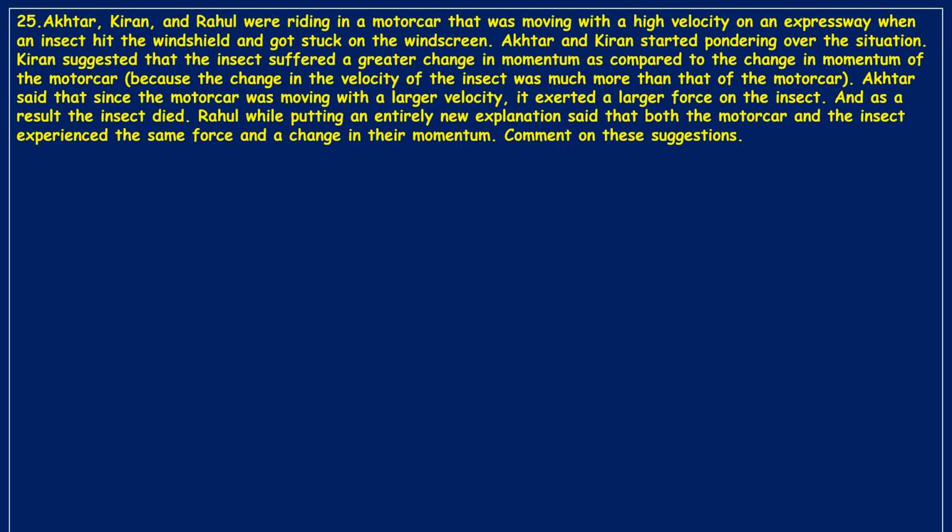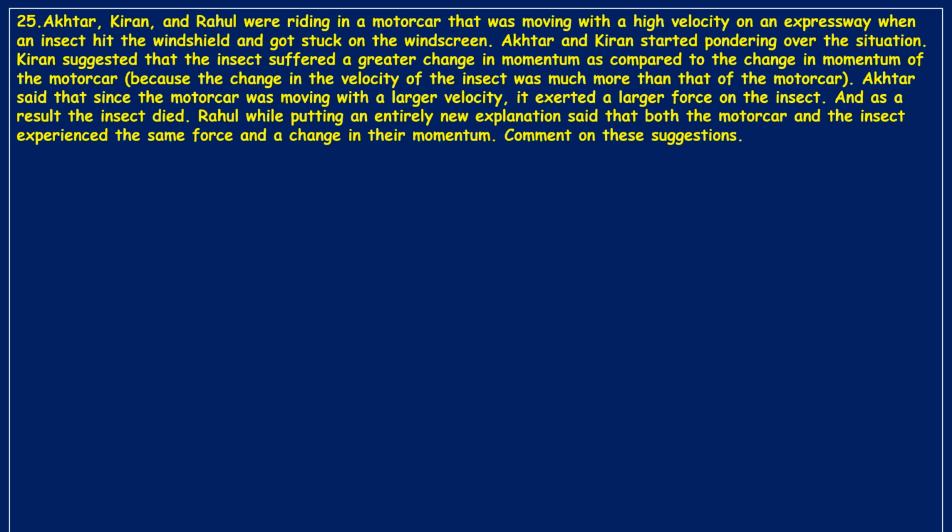Generally, vehicles dash with each other, hit each other. But for the first time, we are seeing an insect hit the windshield and get stuck on the windscreen of the motor car.